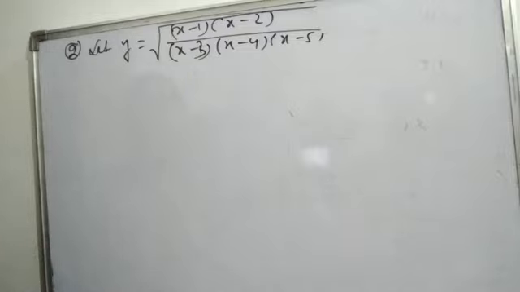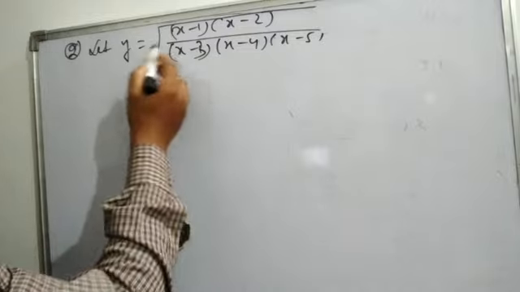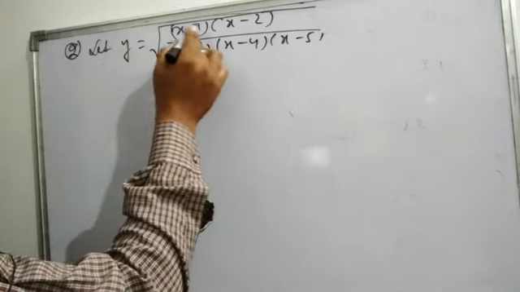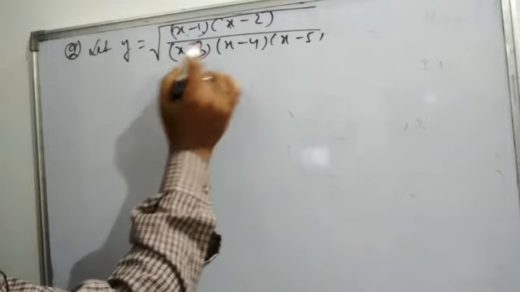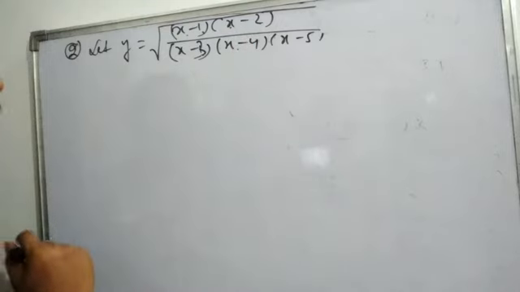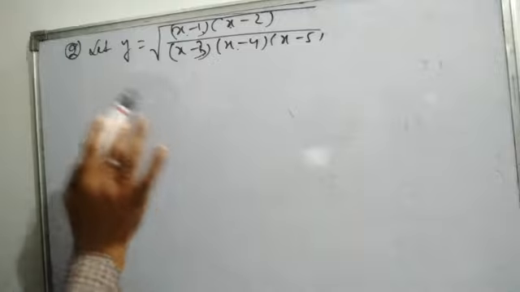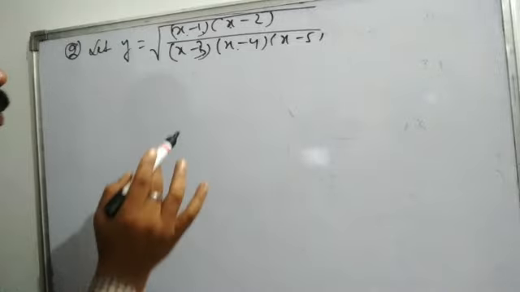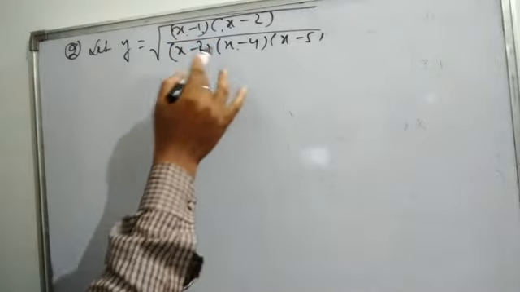Now question number 2. Let y is equal to root over (x minus 1)(x minus 2) divided by (x minus 3)(x minus 4)(x minus 5). So in this case we have to use the logarithm property, both 1 and 2, that is multiplication form and division form.